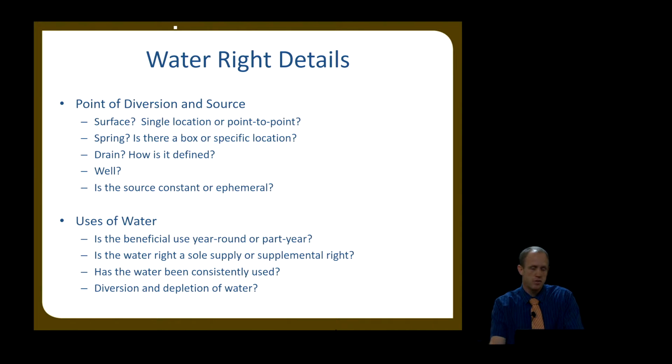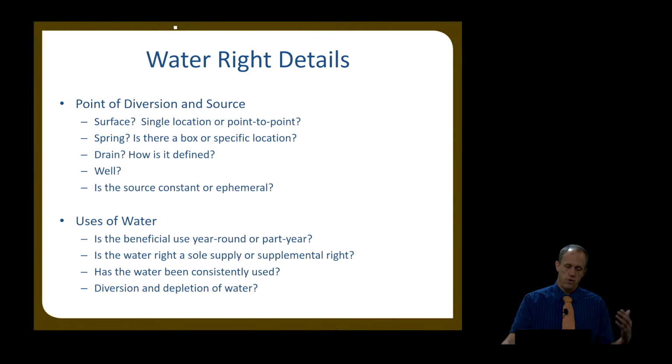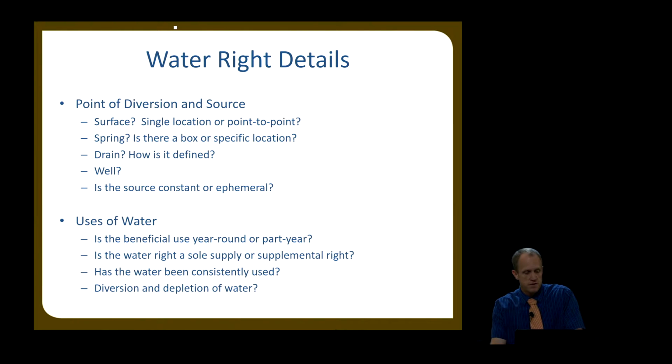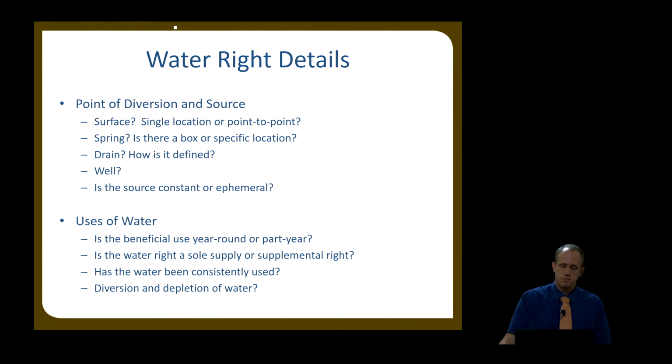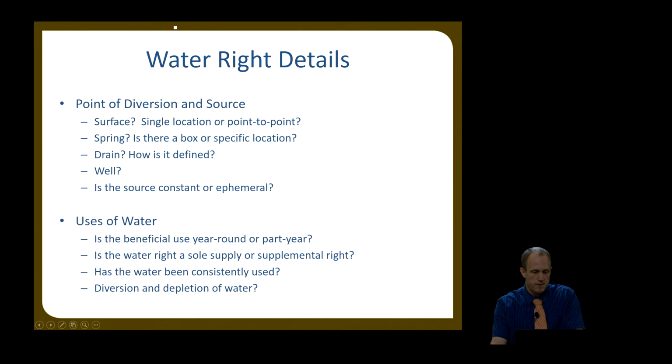And it could be that they're not defined, so you don't know what right A provides or what right D provides. But they could be defined, and so that would mean they have a sole supply. So water right A could irrigate 30 acres, B 20, and et cetera. And so you know exactly what you're getting. And so that's another thing you need to look at when you're purchasing a water right, to make sure you know how much that water right can provide.